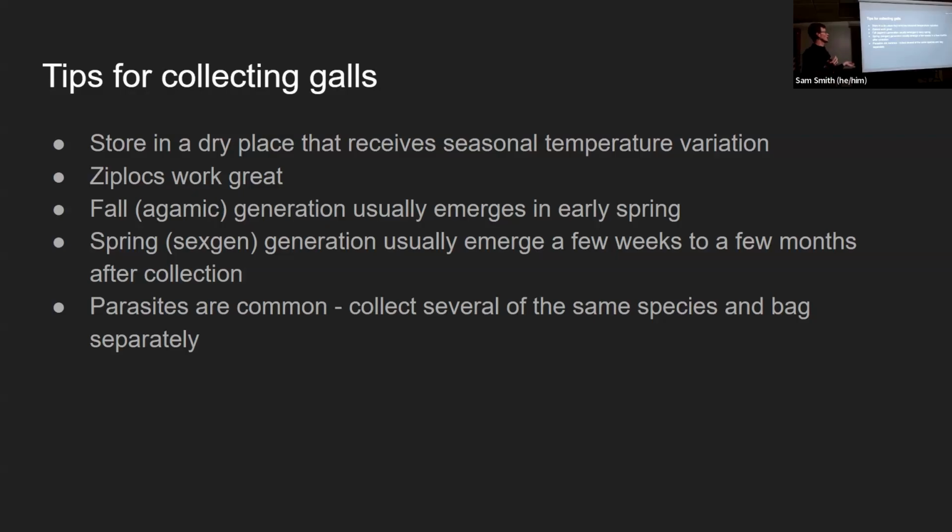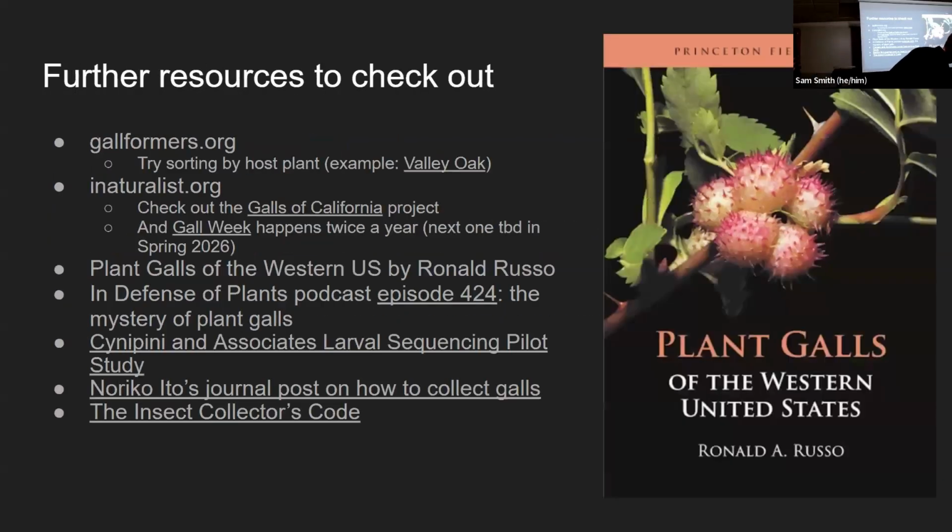Then the spring generation, if you come across them, they emerge pretty quickly. So that can be a kind of a faster process. And one thing to note is that parasites are really common. So if possible, you want to collect several of the same kind and then bag them separately, because you can be unsure what came from what otherwise.